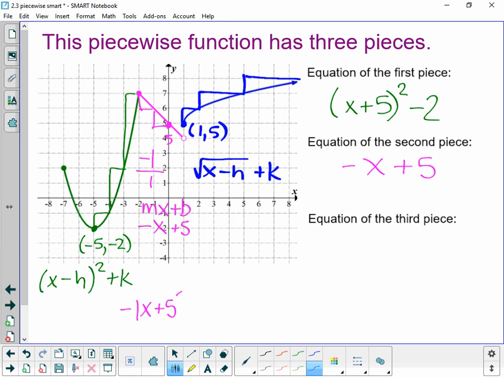It's following the 1, 3, 5 sideways pattern. So if we're writing the equation of that piece, it would be the square root of x minus 1, so shifted forward 1, and then shifted up 5. Okay, so these three equations are going to be part of that piecewise function.